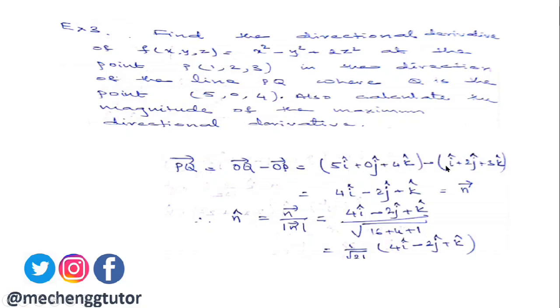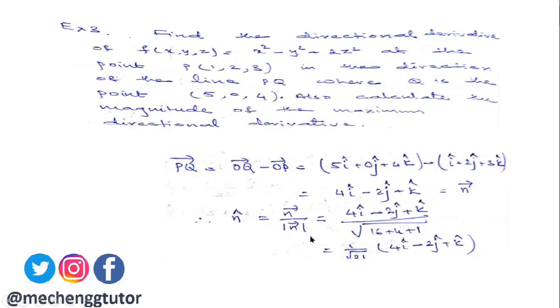So 5i − i is 4i, 0 − 2 is −2j, 4 − 3 is +k, and this is our n bar. So n bar is not directly given in this problem. Now find a unit vector along this.